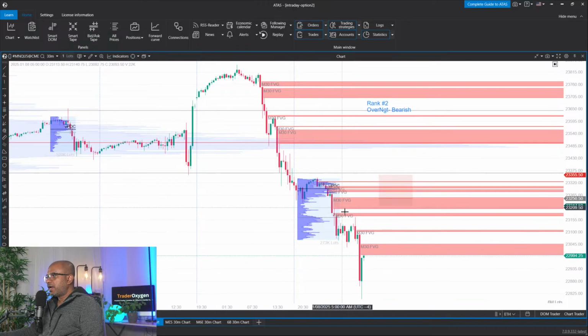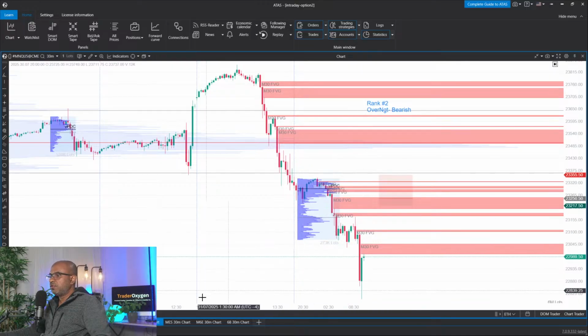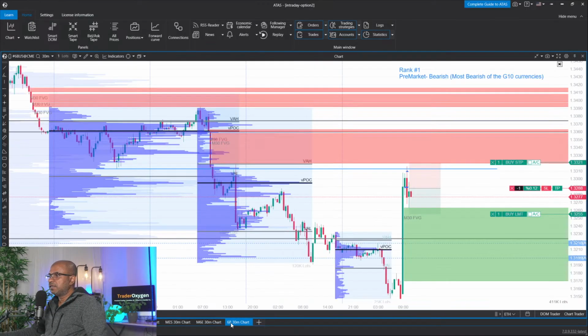Now when you look at the volume profile build up and the price action, we didn't see a clean setup here at this moment. If you compare this chart with the GBP, you can see the price swings and this volume point of control.